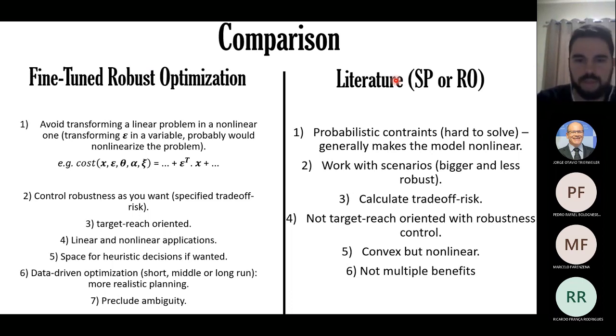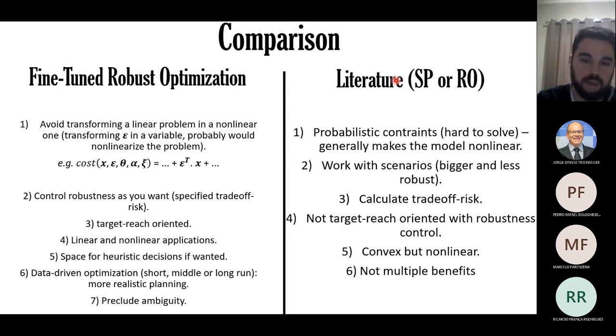Number 4 is that you're not going to see a target-reach orientation with robustness control. You can see something like target-reach oriented, but not with the integration of robustness control. Number 5 is that you have to use convex problems; it can be nonlinear, but it needs to be convex to use these methodologies.